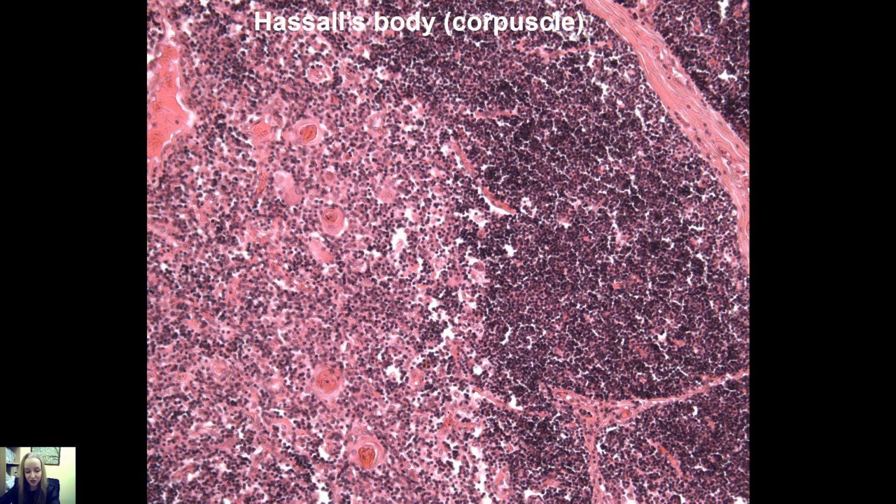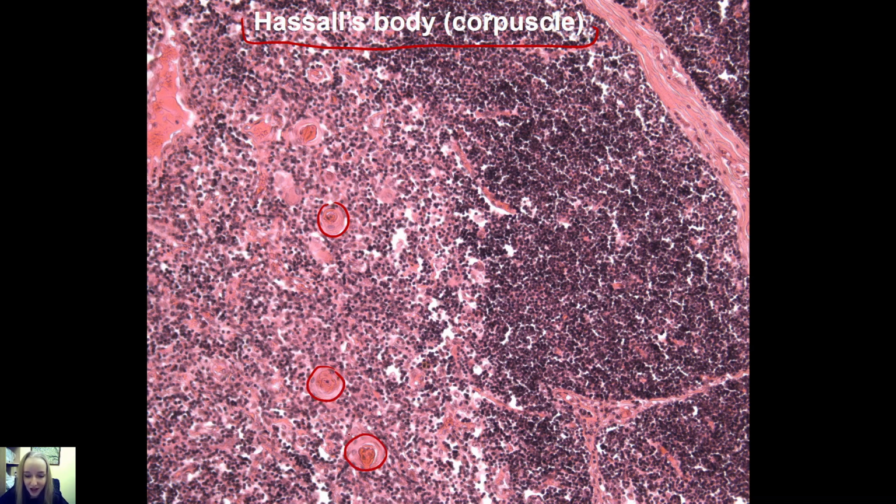How do we differentiate the medulla and the cortex of the thymus once again? There are these Hassall bodies. And what are Hassall bodies or corpuscles? These structures over here.